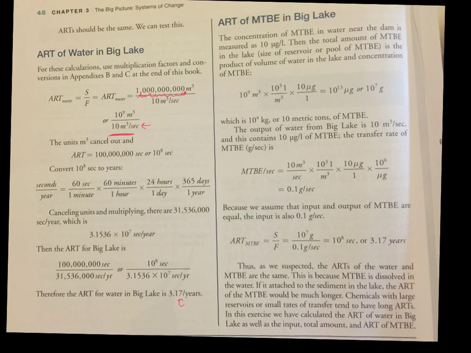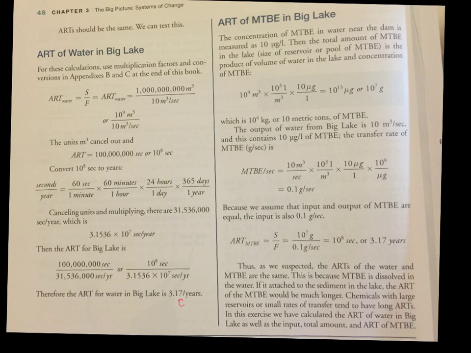So because you inverted and multiplied, in other words, let's see if I can make this make a little more sense. This fraction is the same thing as 10 to the 9 meters. Let me rewrite that because I don't like the way that looks. All right.